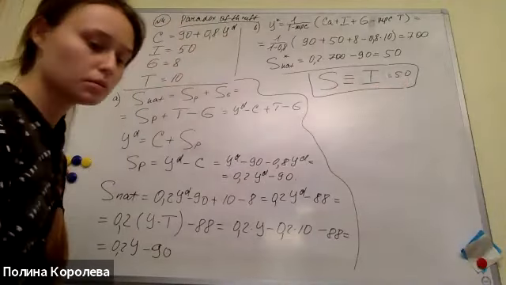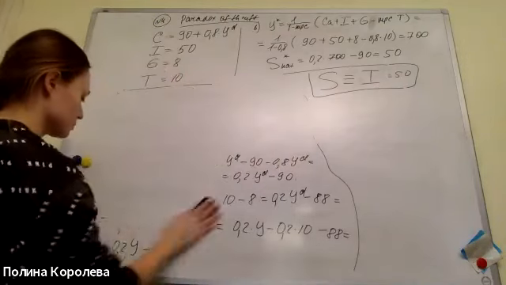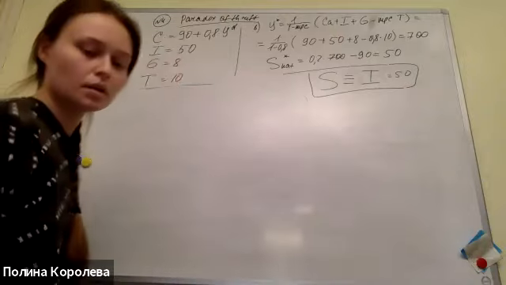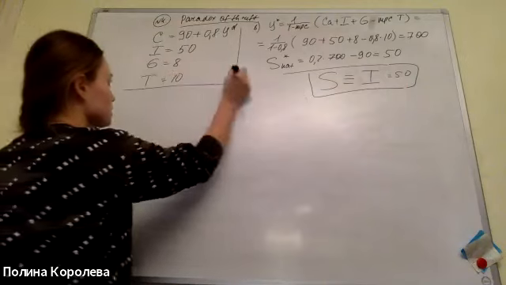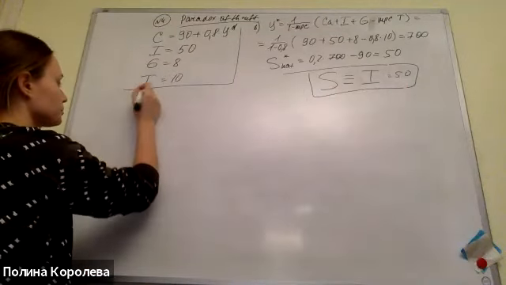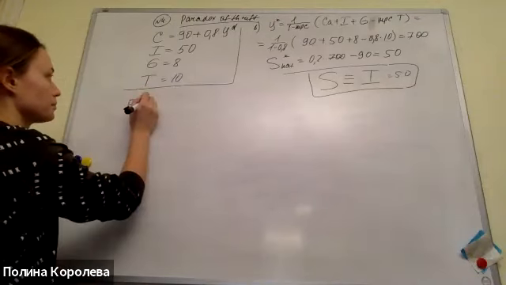Okay, let us show it on the Keynesian cross. To show it in the Keynesian cross, we should first of all find expenditures.